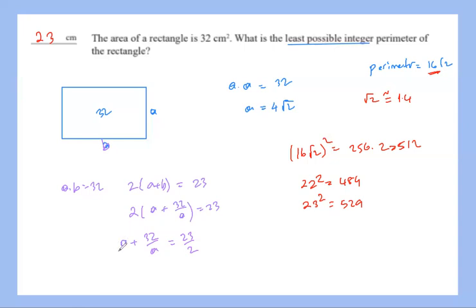If I multiply by 2A, the A's will cancel and you get 64. For the other term the 2's will cancel and you get 23A. And from there you get 2A squared minus 23A plus 64.